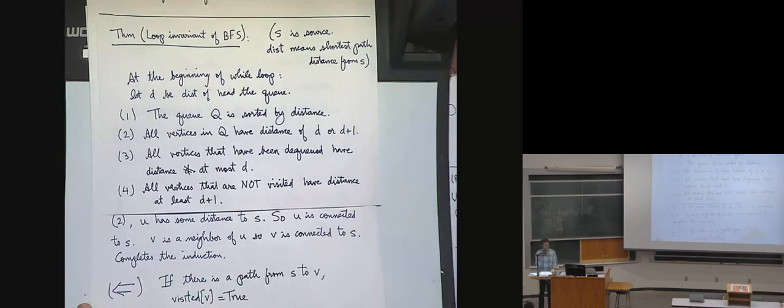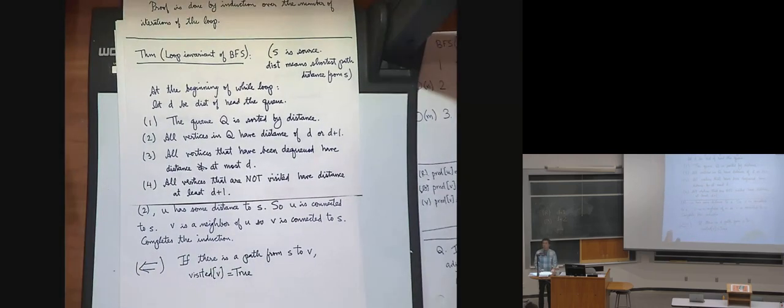If there's a path from S to V, then V, which is a neighbor, must have a distance of at least 1. But why do you know that V is even going to end up in the queue? Almost. Because V's parent is in the queue. Why?